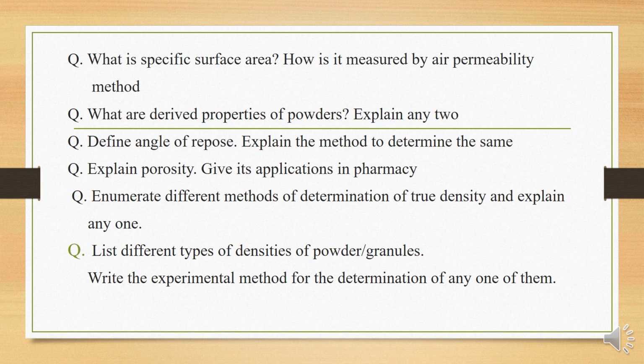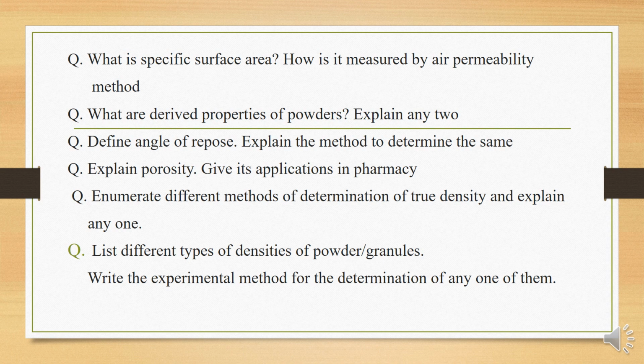First of all, we pack the powder in a sample holder as a compact plug. The surface of the capillaries functions as the surface area of the powder, and in between, air is allowed to pass. This air travels through the capillaries, and we can find out the surface area of the powder. That is the principle behind the air permeability method.